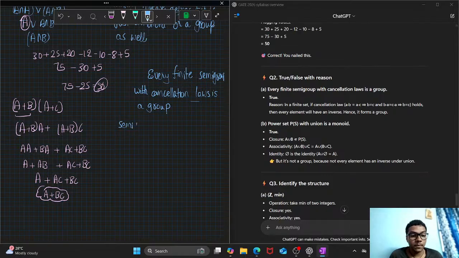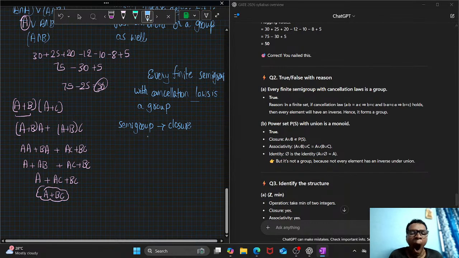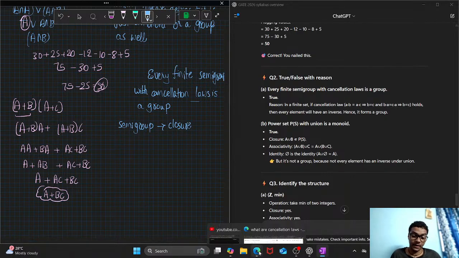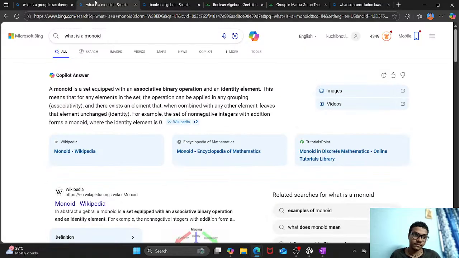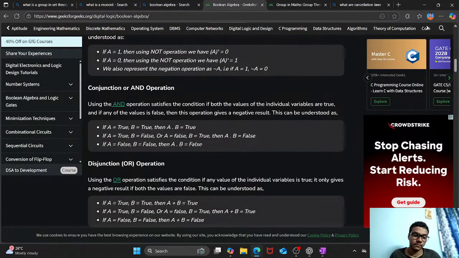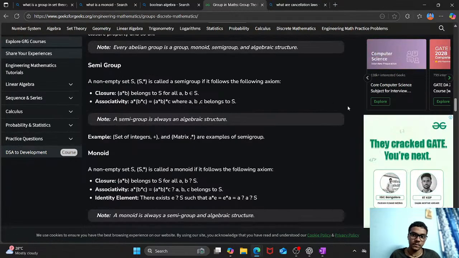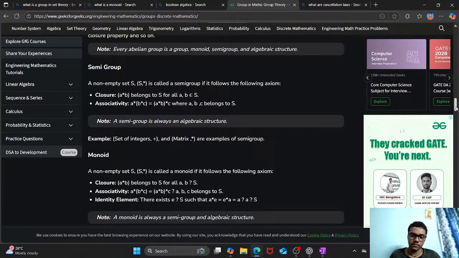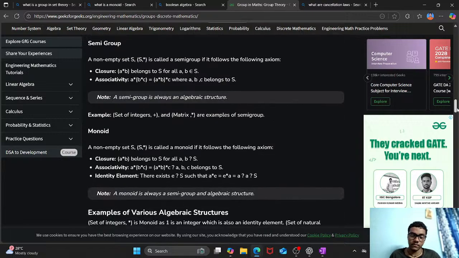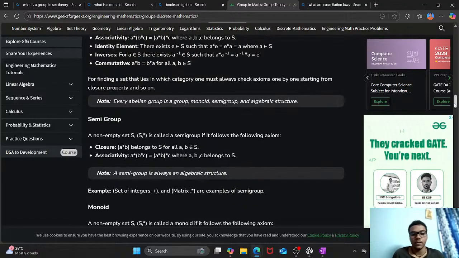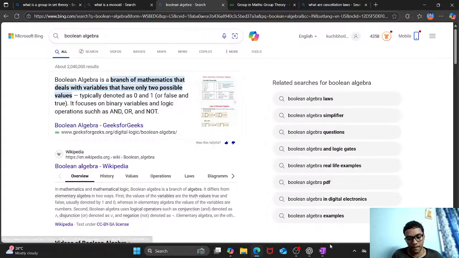So what is a semigroup? It follows closure and associativity.